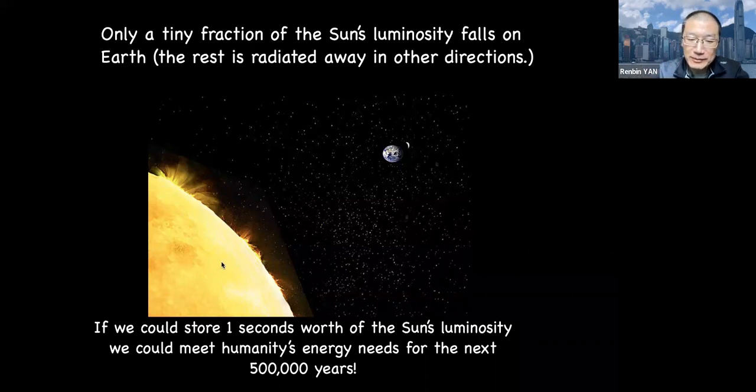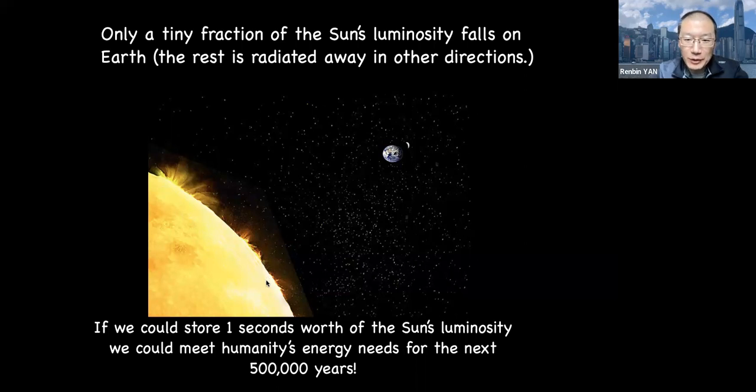Looking at the Earth from the sun, it's a tiny grain of rice, and remember it's like 25 meters away if the sun was shrunk to a basketball. So the Earth covers a tiny area, and we only get a tiny fraction of that luminosity. But still, even that is quite a lot.